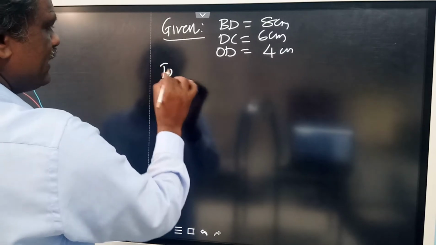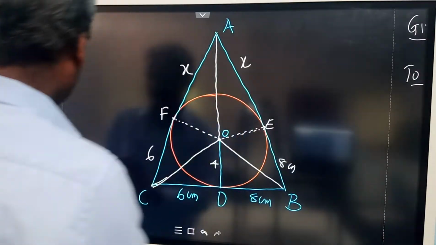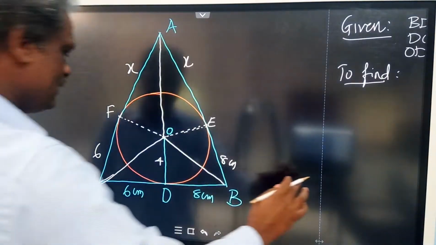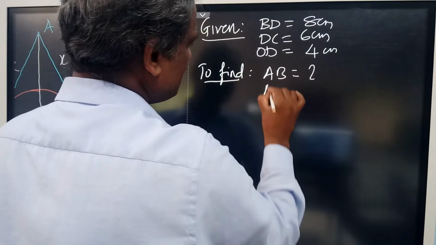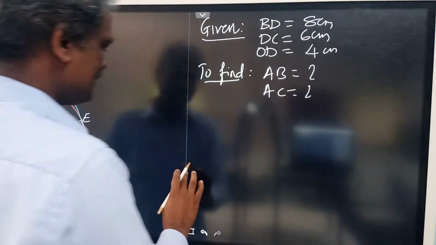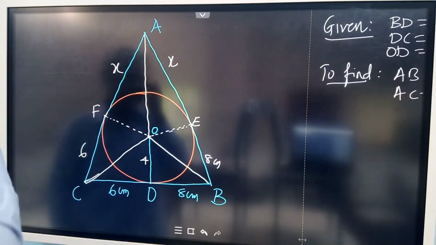What do we need to find? What did they ask us to find out? The lengths of AB and AC. We need to find the lengths AB as well as AC.